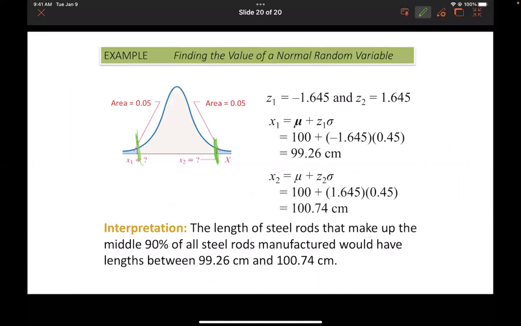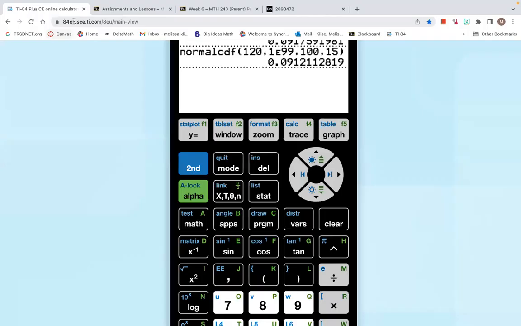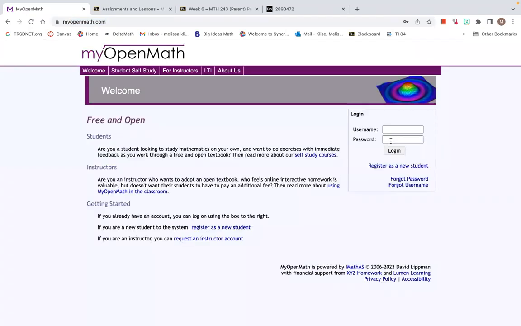So we're going to go to the question I think somebody was going to ask me. And if I'm wrong, I'm wrong. I'm going to go back to my open math real quick, because that was the end of that. And now that my calculator is being ridiculous, I'm going to go to my open math. Is it even going to let me log in? Worst comes to worst, I'll go on my other computer.